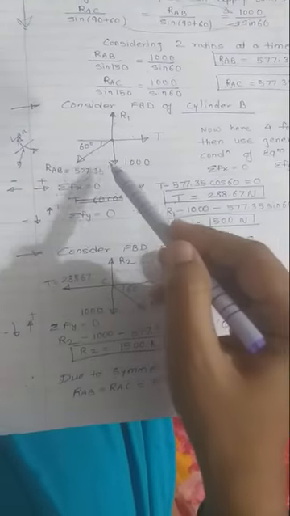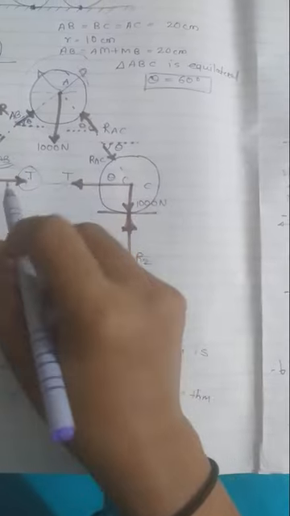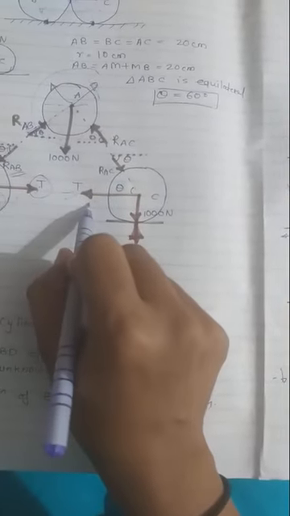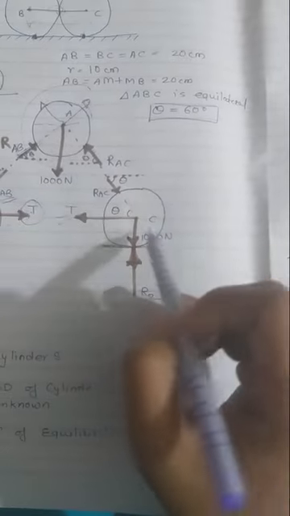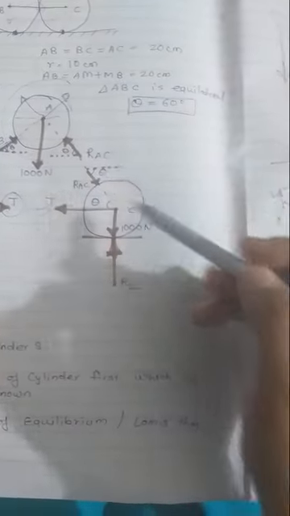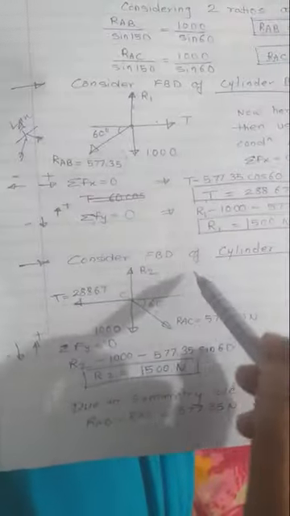Same here, I got the value of T, which is the same force, same magnitude but opposite in direction. Then R_AC, we also got the value from this equation. That means the only unknown is this R2.